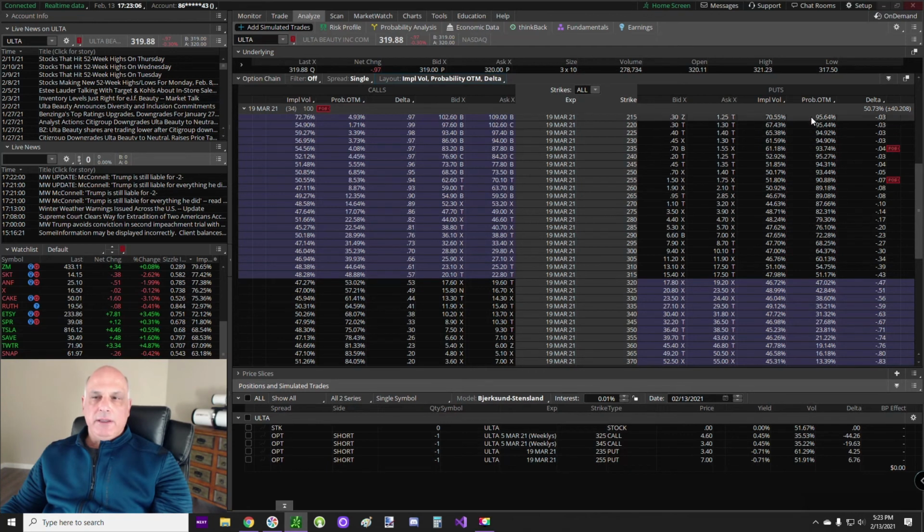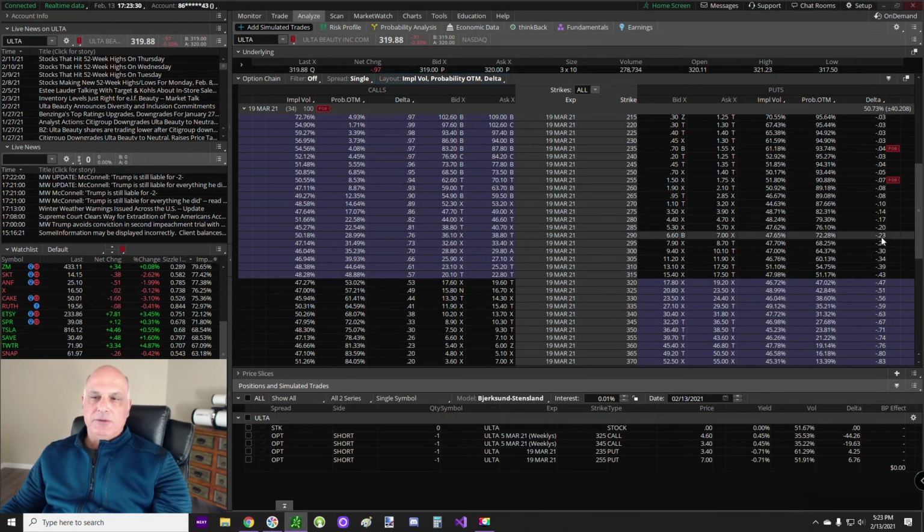So we're looking at the probability of out of the money at about 84%, just to give us a rough gauge of where we want to start the process. But we also want to see what that delta is saying to us. Typically, we want to try to get as much delta as we can out of the trade. In this case, it says that it's only a 14 delta.